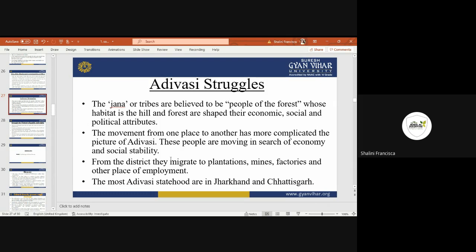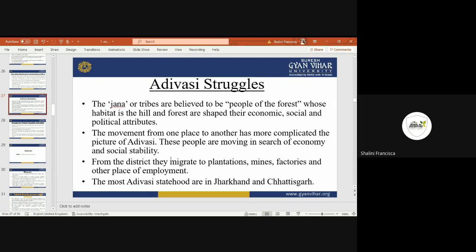This third point gives you a very good picture about it. From the district they migrate to the plantation. It directly says they move to the ecosystem area where they can find a forest, an ecosystem they can depend on, mainly for farming.